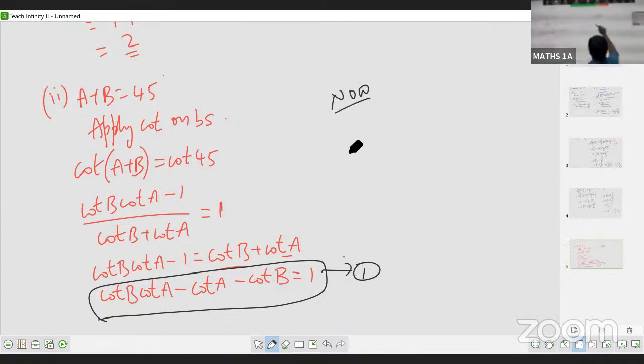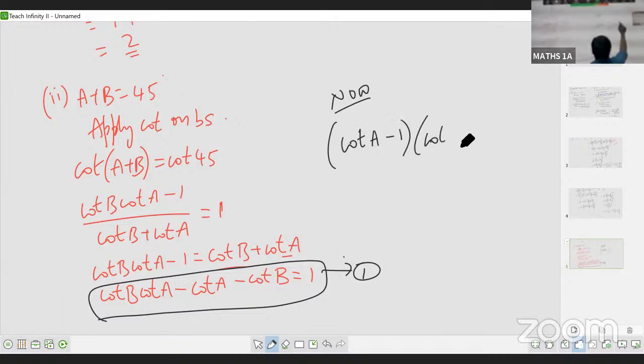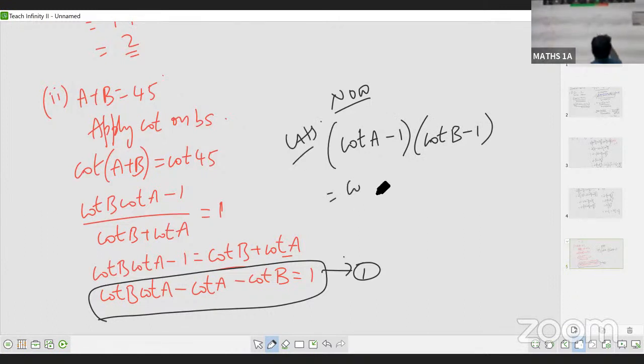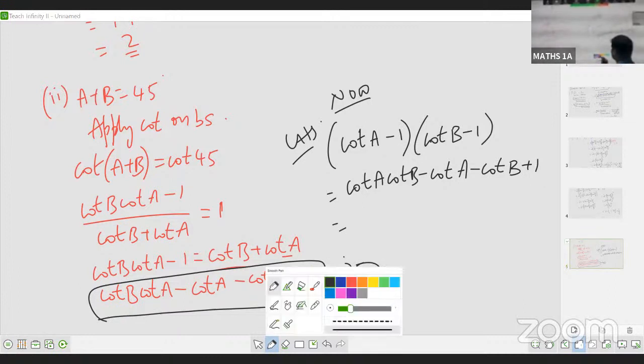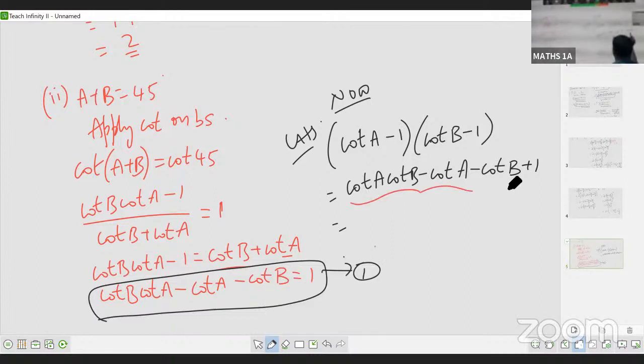Now what is your question? It was given cot a minus 1 into cot b minus 1. This is your LHS. Now open the brackets. Cot a cot b minus cot a minus cot b, minus into minus plus 1. Please open the brackets and multiply. Now this part is again the same, no? It is 1 plus 1, which is 2.